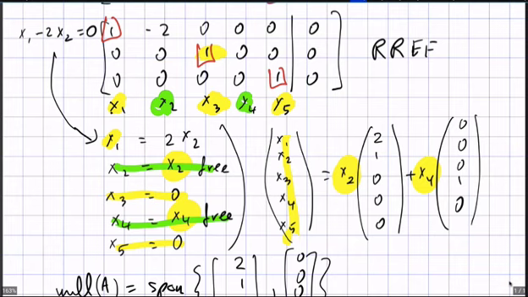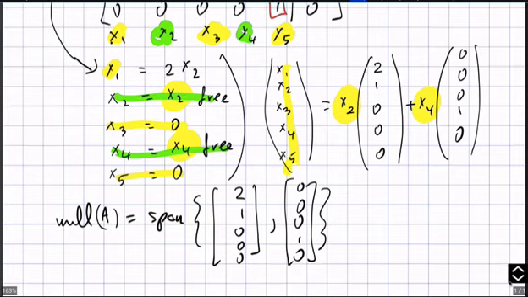Then factoring out x4, we get that we have no x4 in the first component, none in the second, none in the third. In the fourth component, we have 1 and none in the fifth component. So this is the vector parametric form of the homogeneous system solution set.